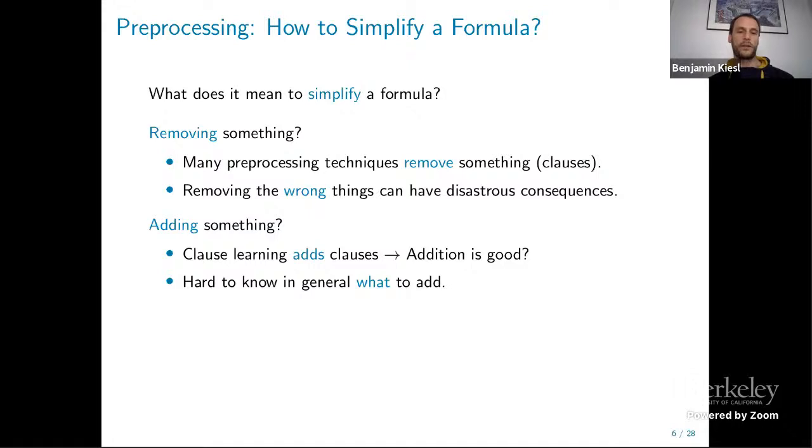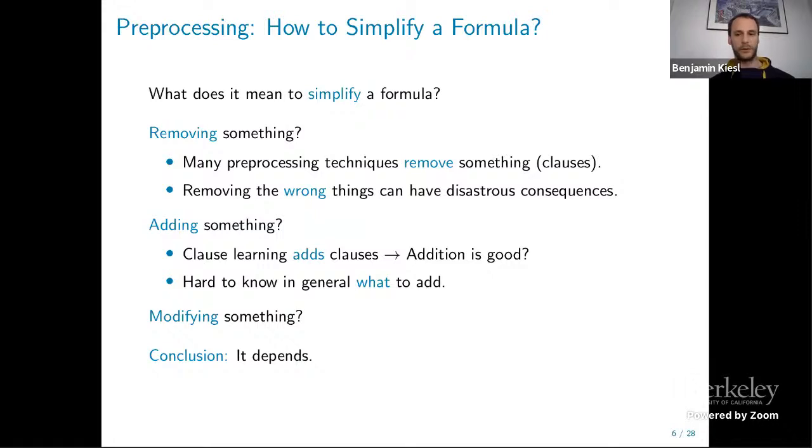And if you add the wrong things, again, this can have bad consequences. And finally, you could also think about modifying something, whatever that means, like taking parts of your formula and rewriting them. Could work or could not. But the conclusion is that whatever you do, it really depends whether that will work or not.